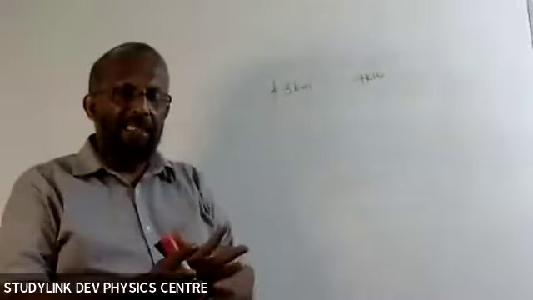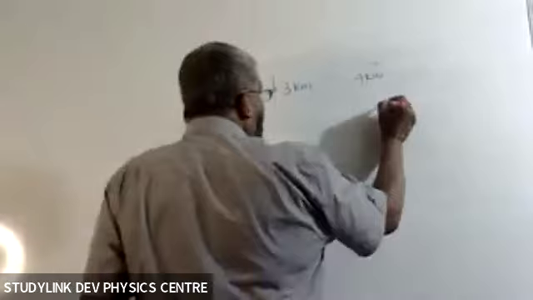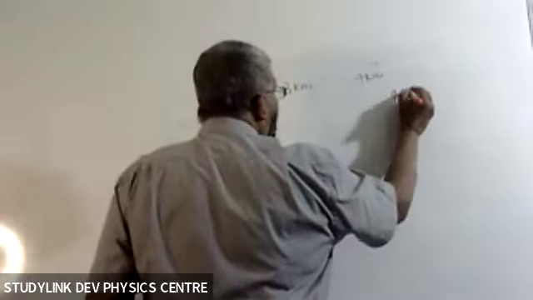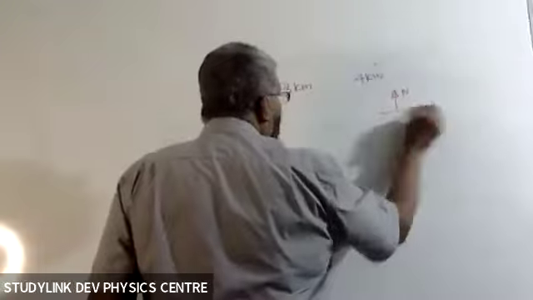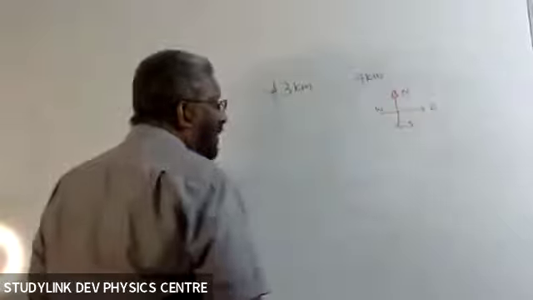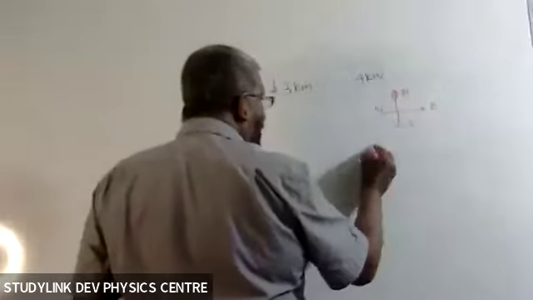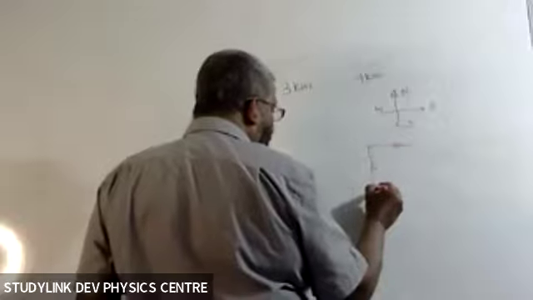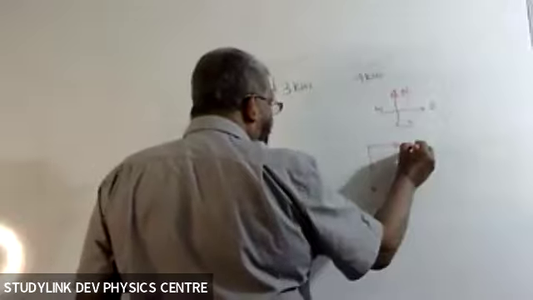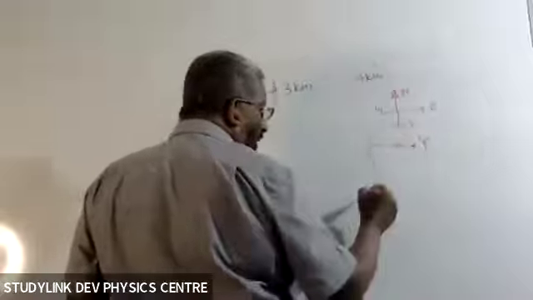Displacement is about the two positions. Now physically if you draw, this is north, east, west and south. First it went north, then went east, and their positions are, we'll say, X and Y, just to understand.